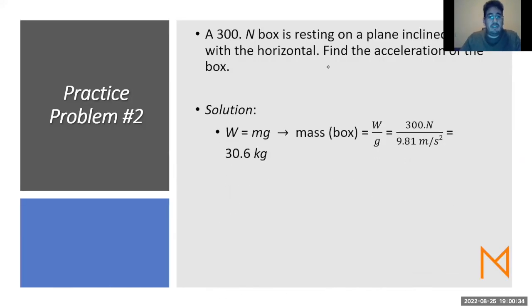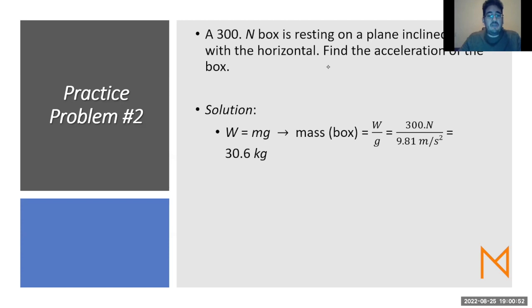To solve this one, you know that weight is equivalent to mass times gravity. So if you rearrange this formula, mass is equivalent to the weight divided by gravity.